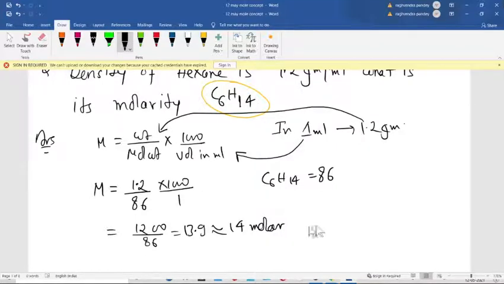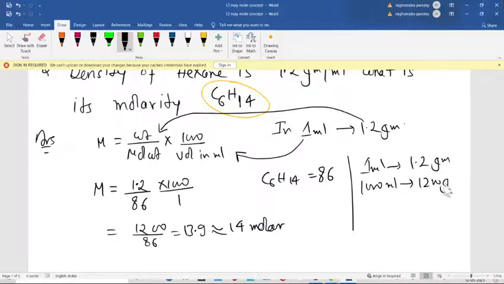So in this way you can do that, or you can just find in 1000 ml what is the weight, then you can find the number of moles. Suppose in another method, that is your 1.2 gram. So in 1000 ml, which is 1 liter, it will be 1200 gram. 1200 gram means how many moles, so 1200 divided by 86, which is again approximately equal to 14.